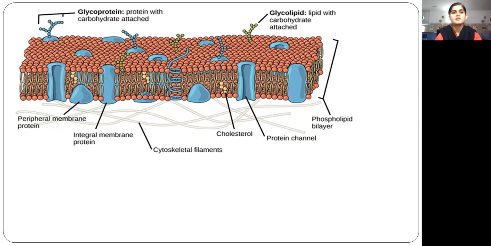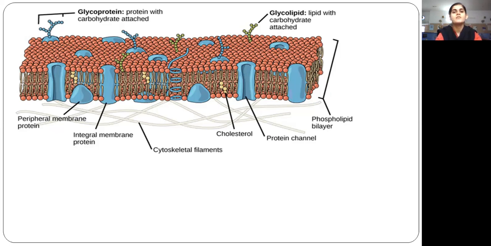As you can see, this is the basic figure of the plasma membrane. The structural part is played by the phospholipid bilayer, with membrane proteins like integral membrane protein, peripheral membrane protein, and lipid-anchored protein, as well as cholesterol, and membrane carbohydrates, the glycoprotein and glycolipid structures.